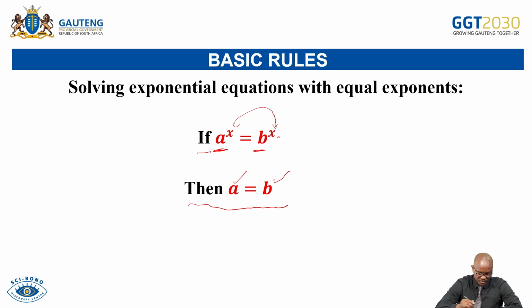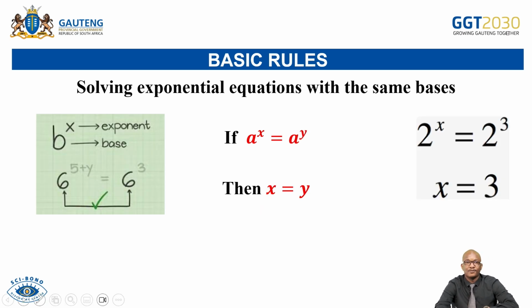Now let's look at the second one, which says we solve exponential equations with the same base. Here the exponents are different but the bases are the same. So what do we say here? If you have the same base, now we equate the exponents.